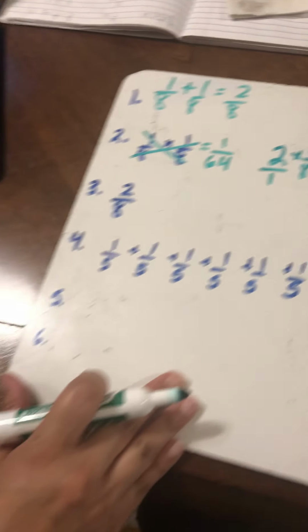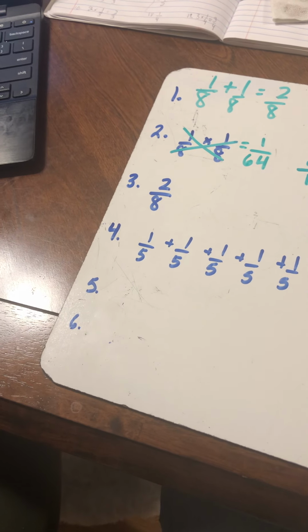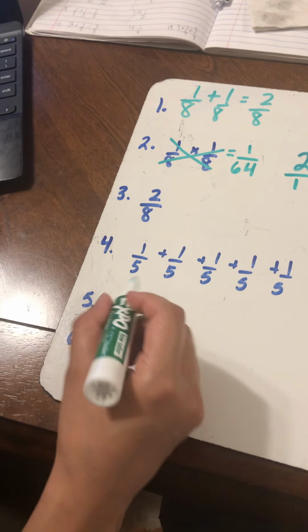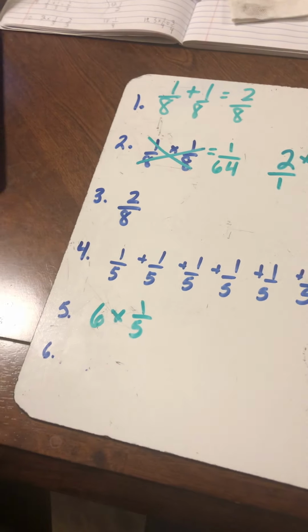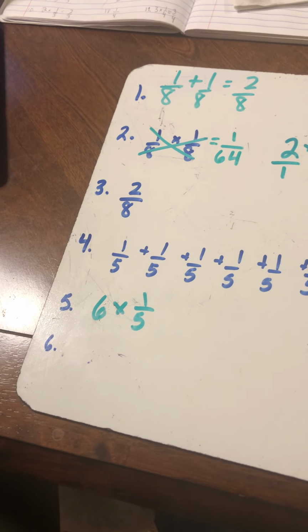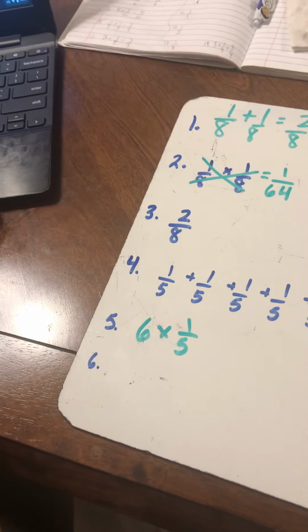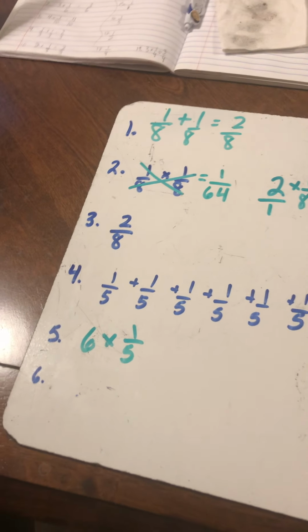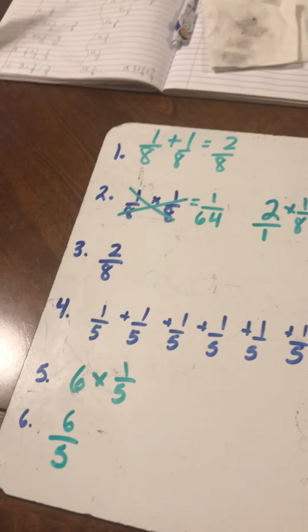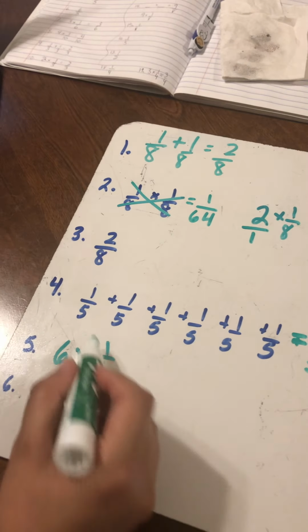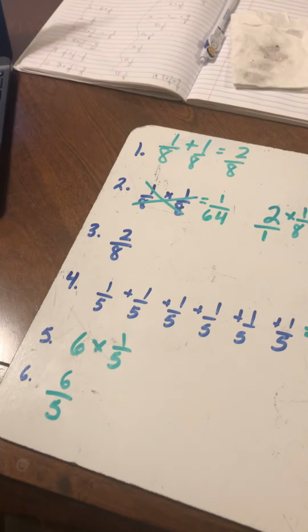And for number 5, we had to write a multiplication equation. So it's simply 6 times 1/5. And for number 6, what is the 6th multiple of 1/5? That would be 6/5, because if we count by 1/5 6 times, we get 6/5.